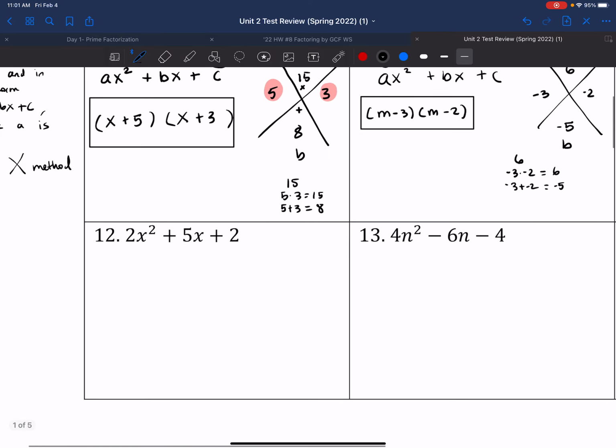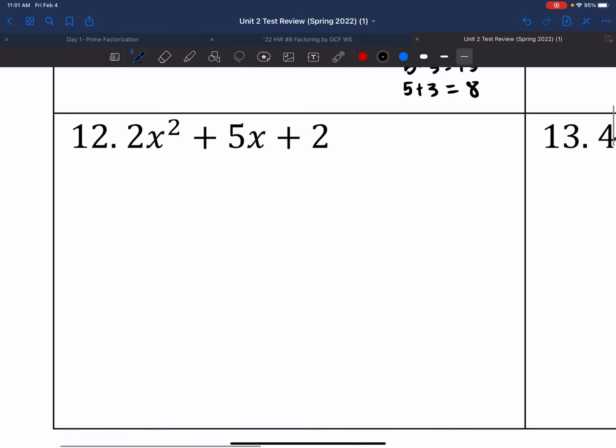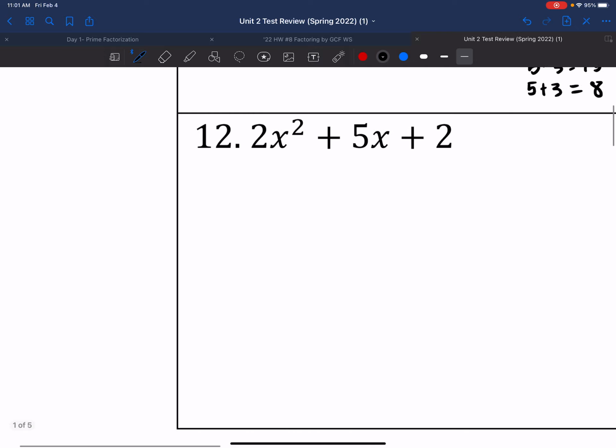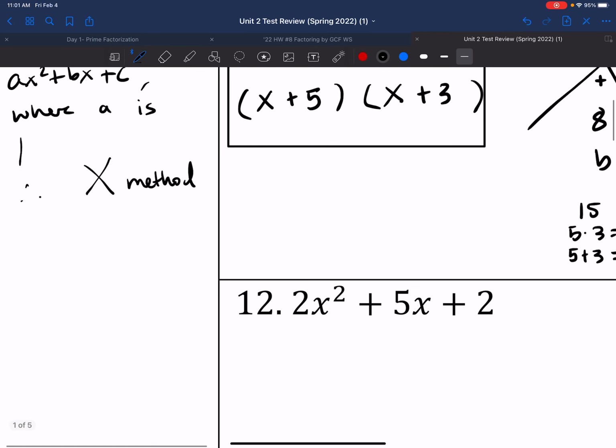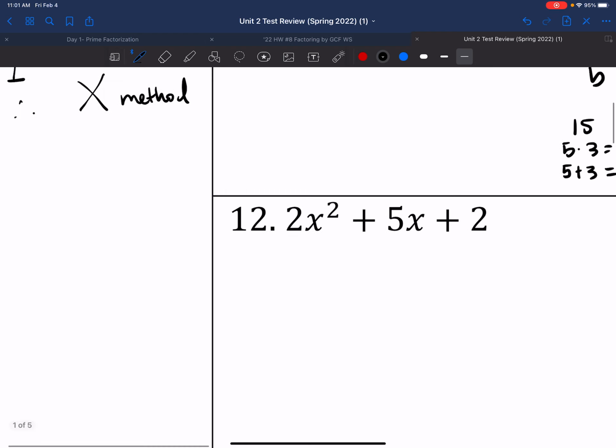Okay? All right. So this time, we're going to deal with 3 terms, and a is not 1 this time.